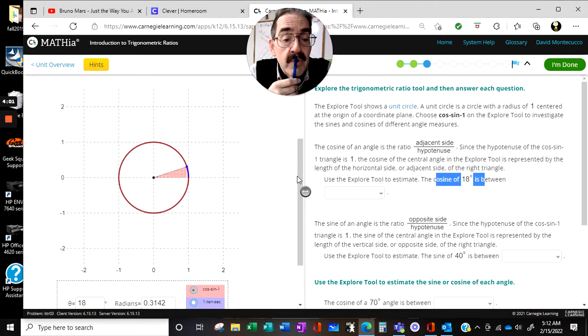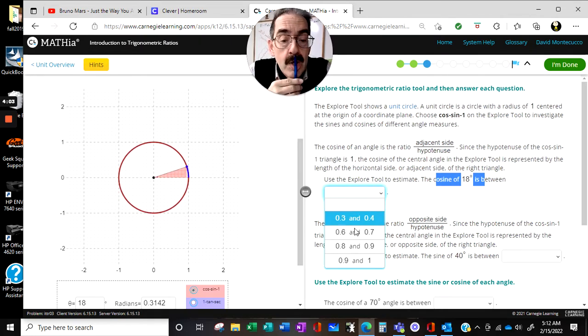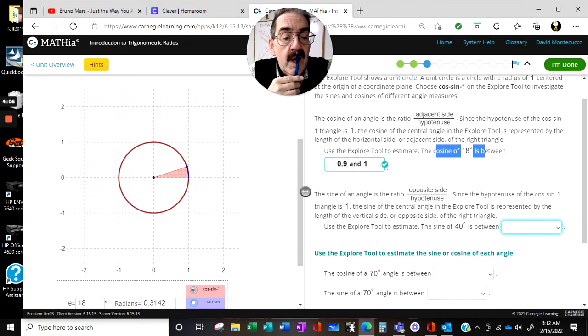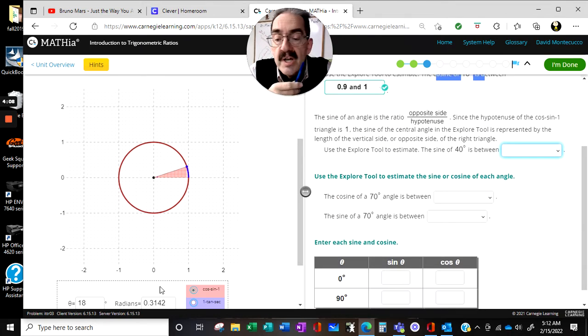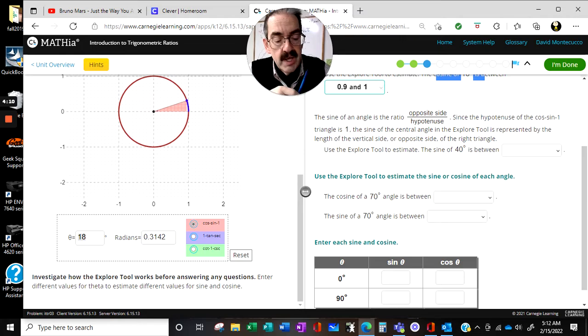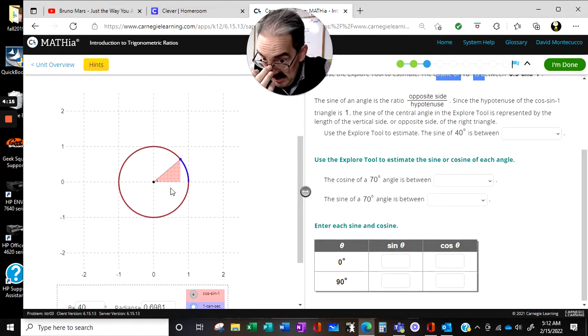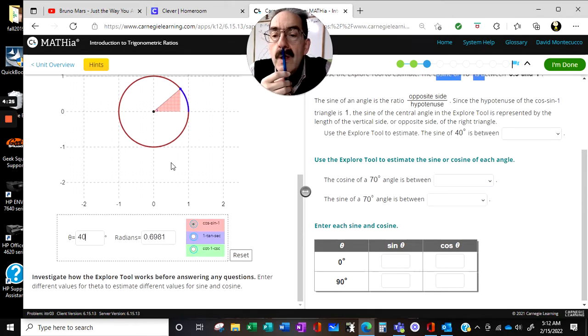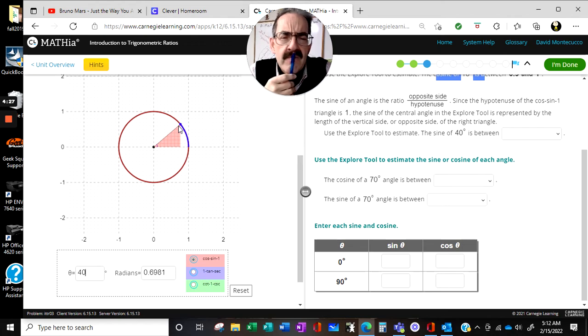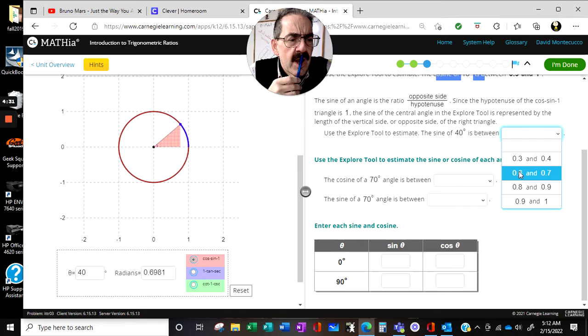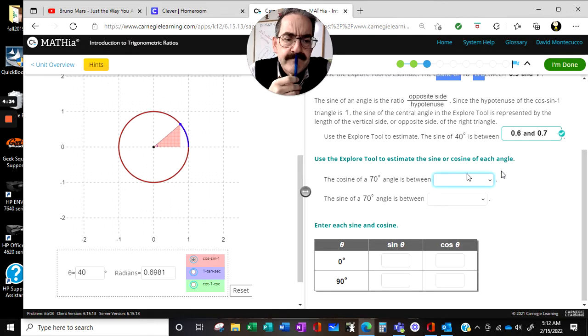So it's real high, isn't it? Real big. Now use the Explorer tool, the sine of 40. So we go 40, and sine is the y value. That's about 0.8. Let's try 45 degrees.